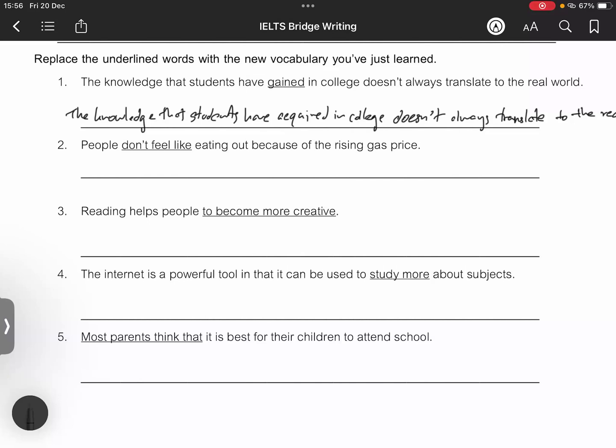People don't feel like eating out because of the rising gas price.